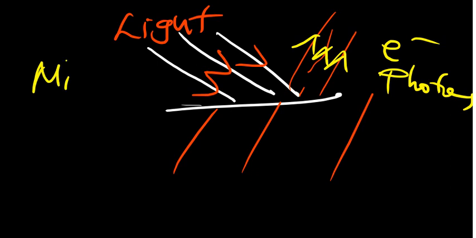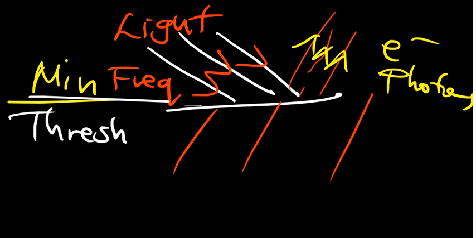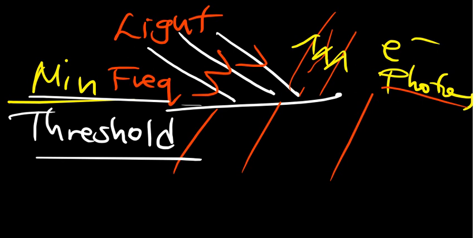We know light possesses different frequencies, so only light that has the minimum frequency required will cause emission. That minimum frequency is what we call the threshold frequency: the minimum frequency required for electrons or photons to be emitted from a metal surface when struck by light.